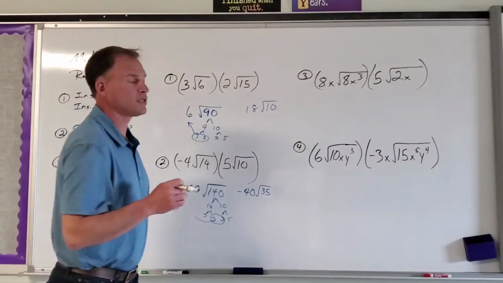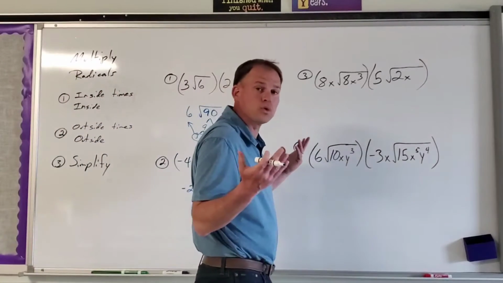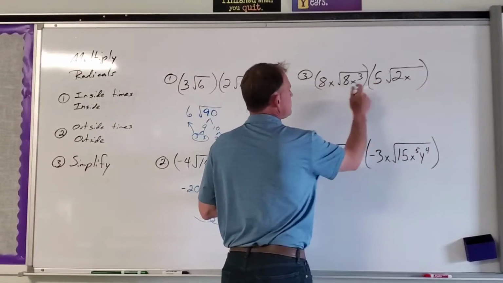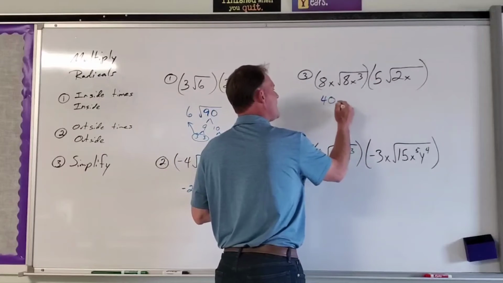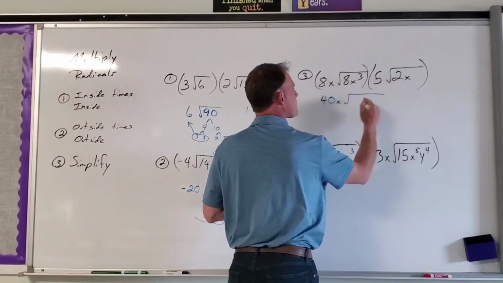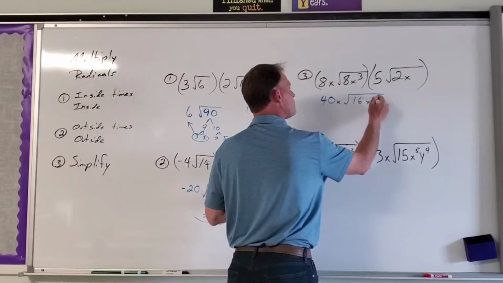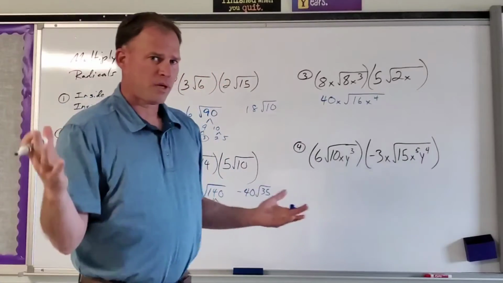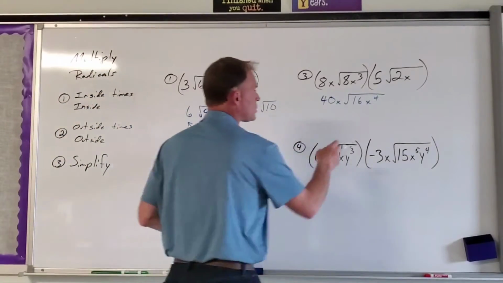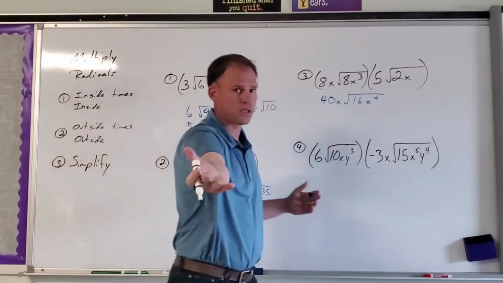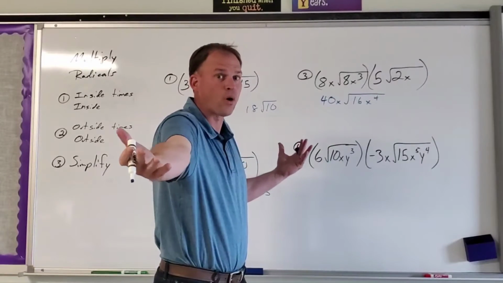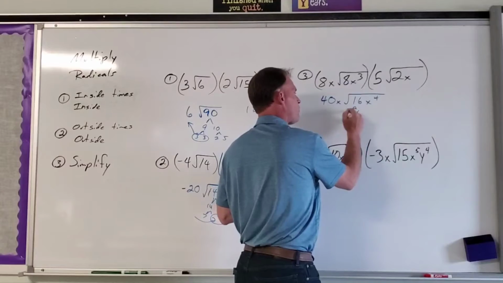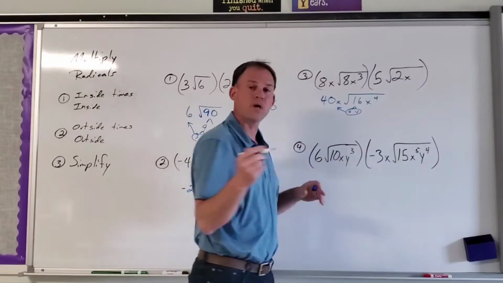Now, bringing our friends the variables back in here, same rules apply. We know how to multiply radicals. We know how to multiply variables. So that's 40x on the outside, 16x to the fourth on the inside. Now, remember, we've done a bunch of these up to this point. Square root of 16. What's the square root of 16? Yeah, it's 4. It's the whole number 4. All right, so I know this is 4 and 4. They're all getting out. There's nothing left in there.